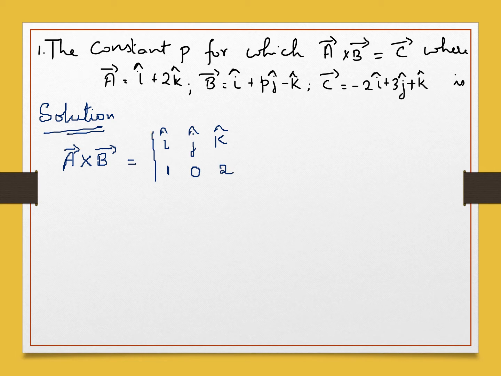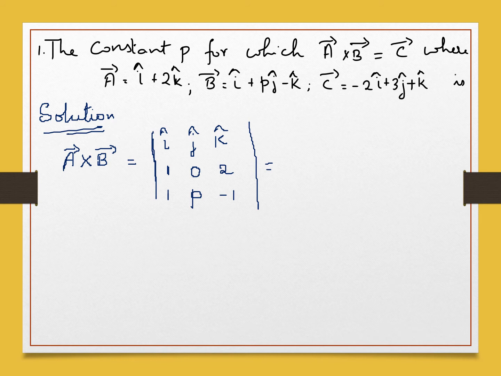Then in this determinant, in the third row we have to write the coefficients of i cap, j cap and k cap in B vector. In B vector, the coefficient of i cap is 1, j is p and k is minus 1. Then we have to find the determinant of it.